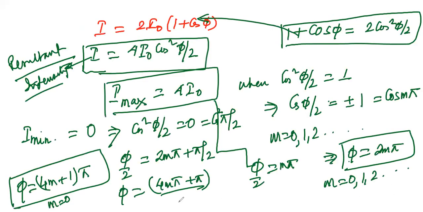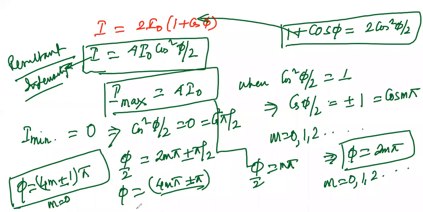And you have already got over here 4m. Of course, you can do plus minus also. Hopefully you remember that. So if you put m equals 0, you will get pi. If you put m equals 1, you will get 3 pi. If you put m equals 2, once again for the plus, you will get 5 pi.